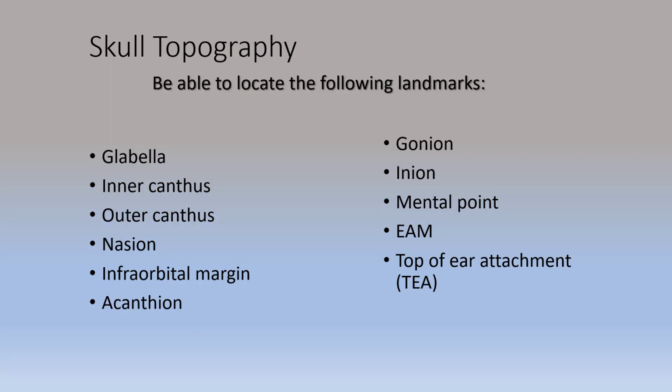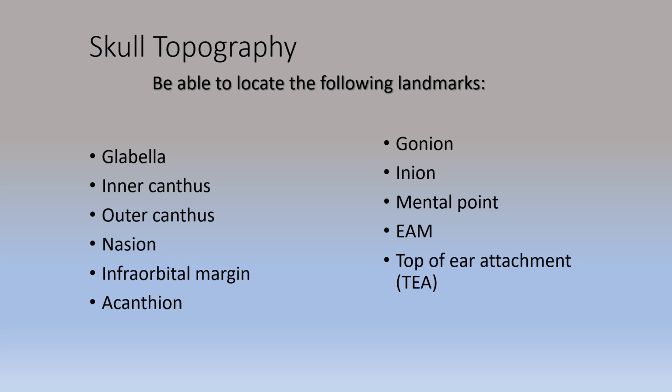All right, skull topography. Be able to locate the following landmarks. Now we will run through these in lab demonstration. Glabella, inner canthus, outer canthus, nasion, infraorbital margin, acanthion, gonion, inion, mental point, EAM, top of ear attachment. Some of these you've already heard of, like I already mentioned the nasion and the glabella in this chapter.